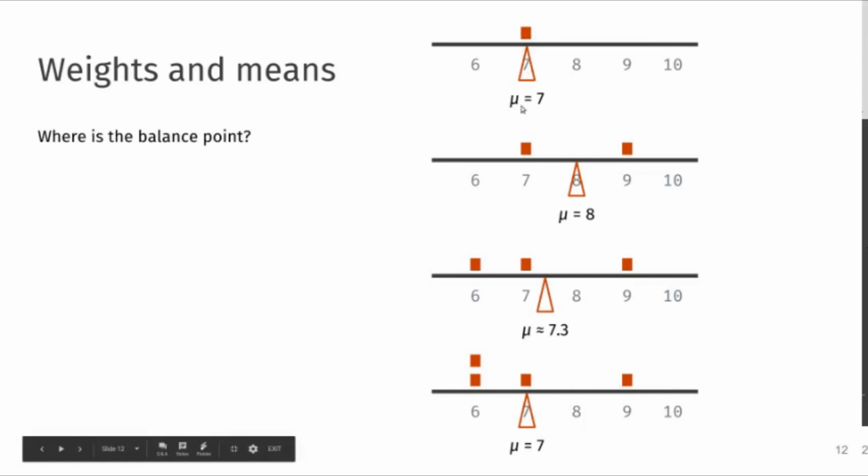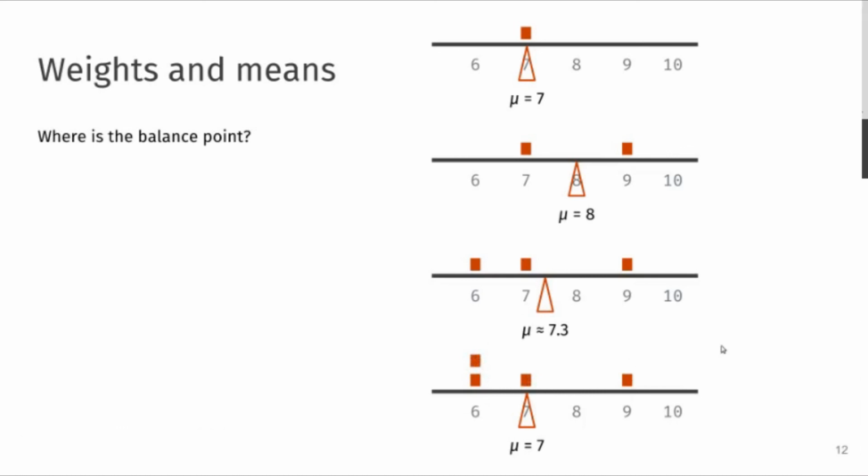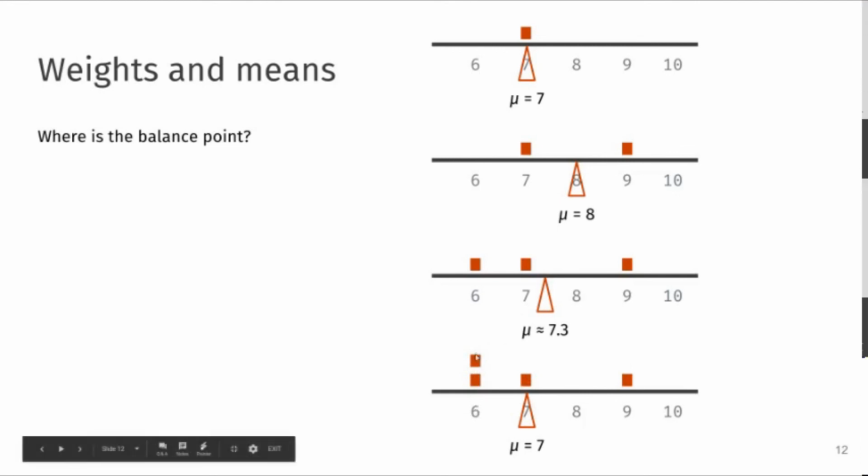But in either case, it is the point at which all of the forces exerted by the observed data are equally balanced. We've got extra weight at 6 that's pulling down the surface on the left, but that's balanced out by this far out single observation, the single weight at 9.